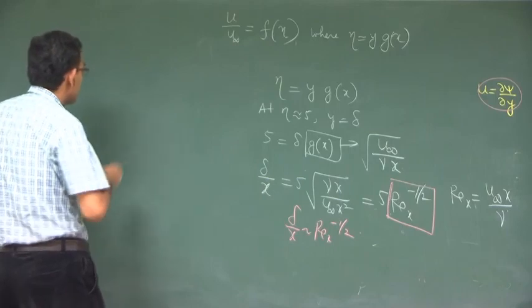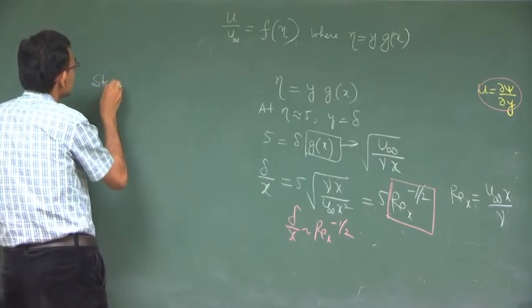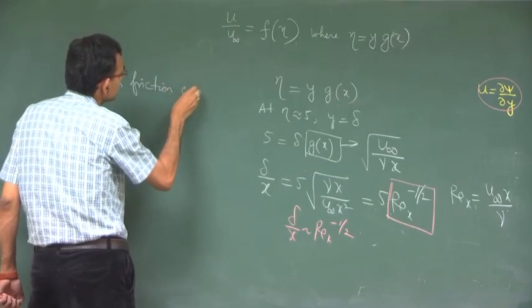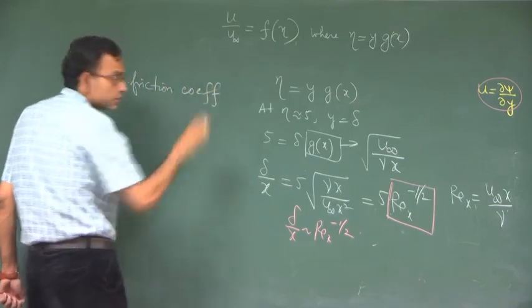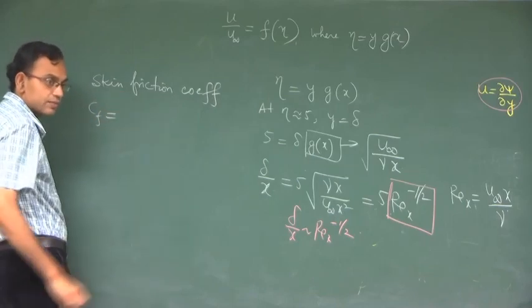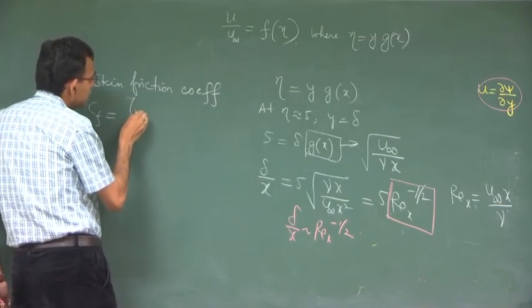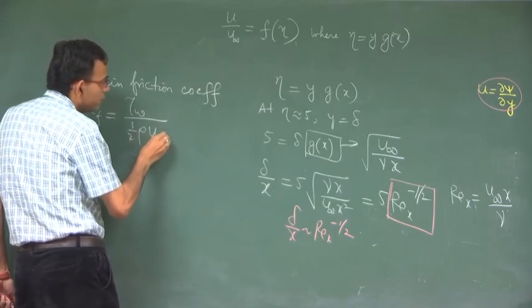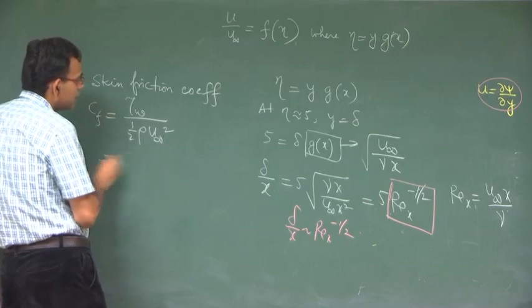One is skin friction coefficient. So, this is the non dimensional wall shear stress. So, this is tau wall by half rho u infinity square. What is tau wall?